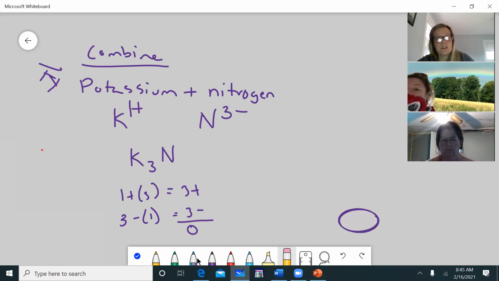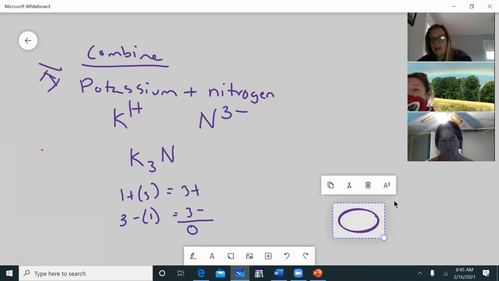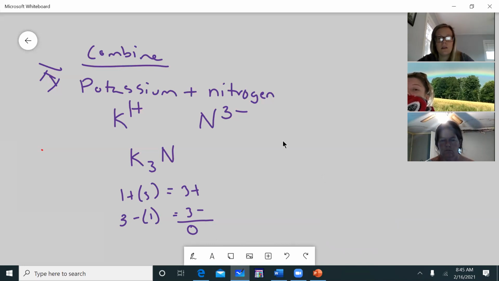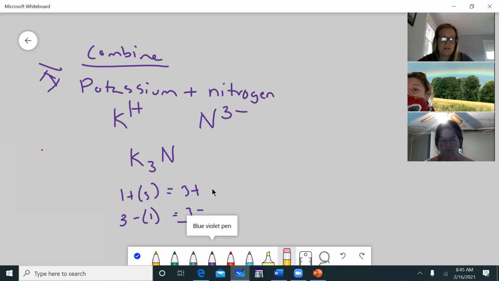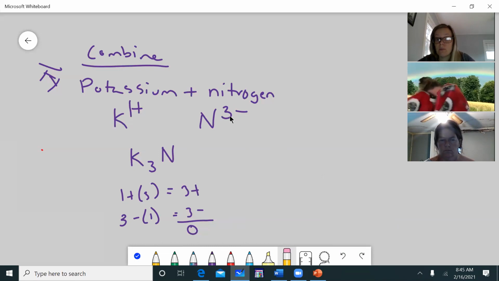Other things I see students do quite often, let's see. So they ditch the charges, they don't flip the charges. Oh, they do things like this. When the ion is by itself, it has a charge. When it's combined, it's neutral.